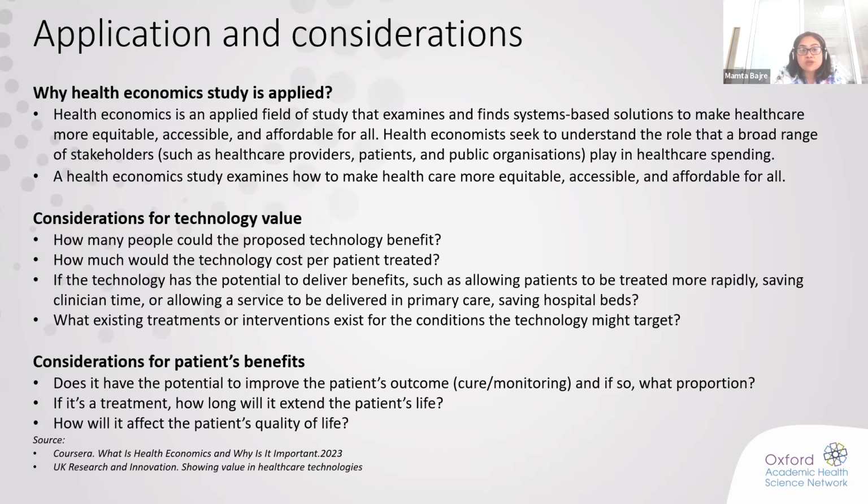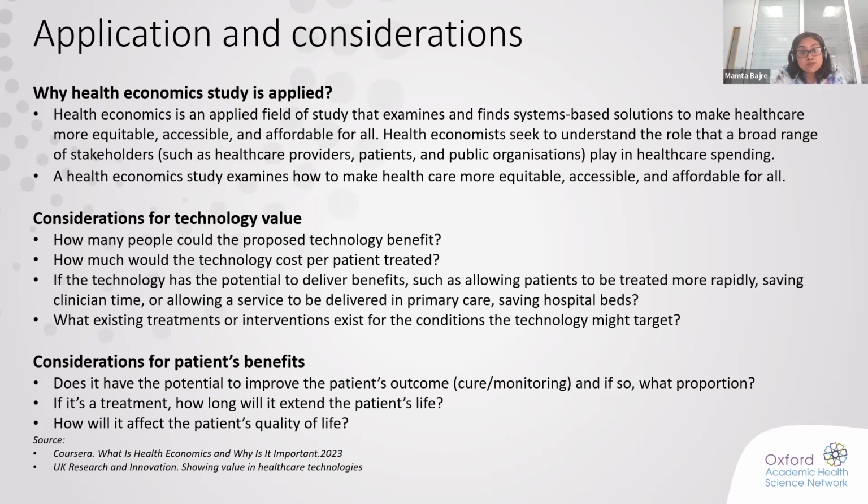Considerations for technology value. Whenever you want to propose a new technology or you want to assess its effectiveness, what are the main considerations you should consider for the technology? First, how many people could the proposed technology benefit? How much would the technology cost per patient treated? I mean, what is the population you're targeting? That should be a very, very important question.